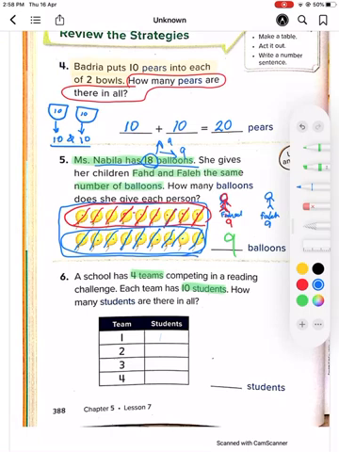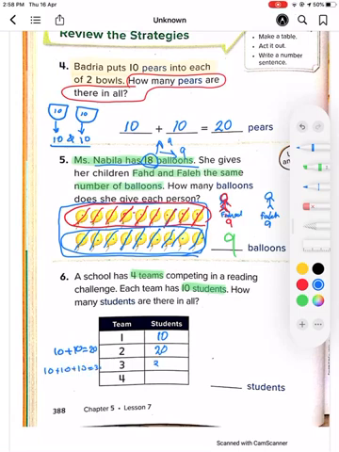First team, 10, right? One team has 10. But when we have 2 teams, how many people will be? 20. Because 10 plus 10 makes 20. And how many students do we have in 3 teams? If each team has 10, how many in 3 teams? Means 10 plus 10 plus 10.